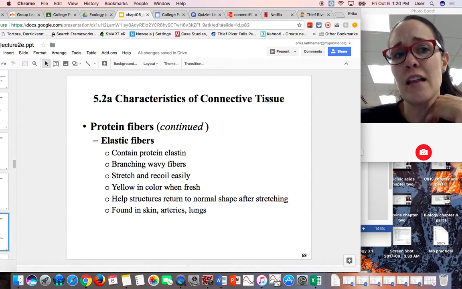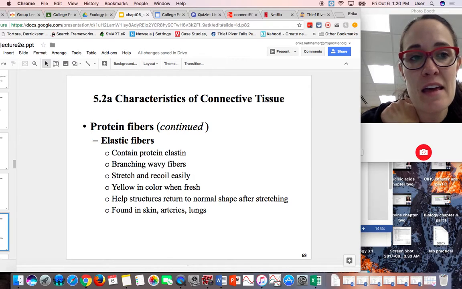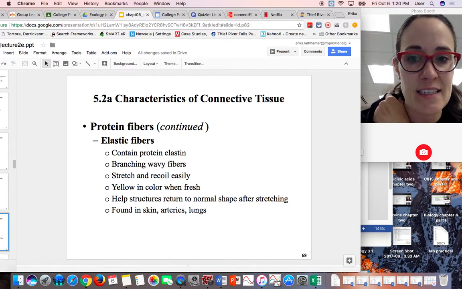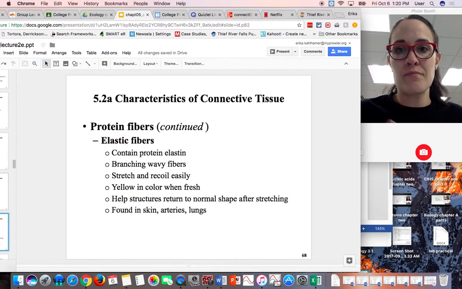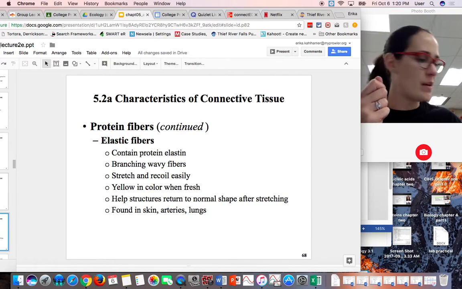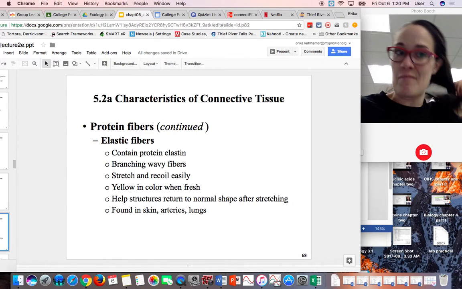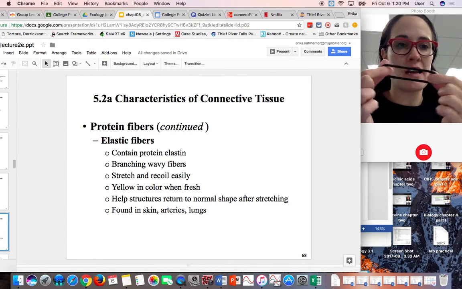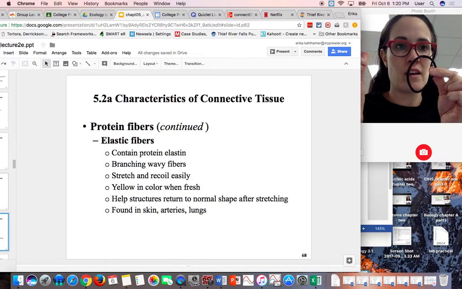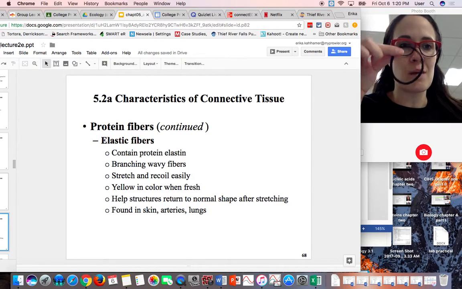And the last type of fibers are elastic fibers. They contain a protein called elastin. Think of them as a hair tie. A hair tie stretches easily, and then it bounces back to its original shape easily.